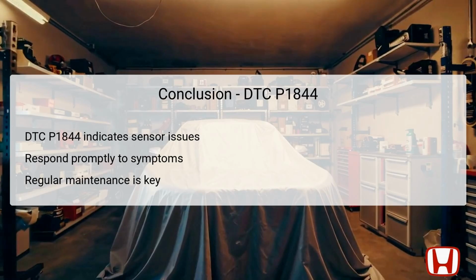Prompt attention to symptoms such as erratic vehicle performance and warning lights is crucial for maintaining optimal vehicle operation. Moreover, implementing a robust maintenance schedule is key in preventing future occurrences of DTC P1844. By being proactive, vehicle owners can ensure their Honda Accord 2023 Plus operates smoothly, maximizing performance and reliability.